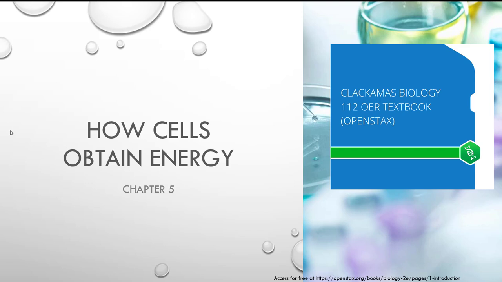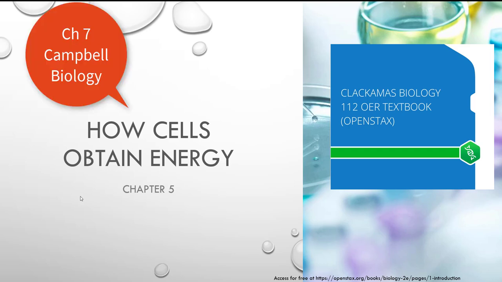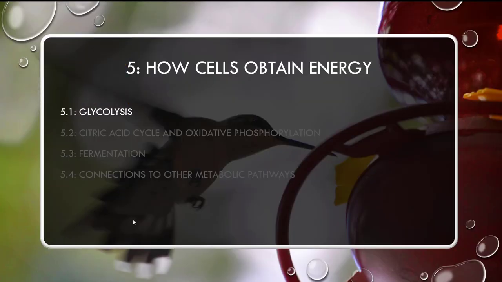So this is chapter 5 in your textbook for the OpenStax. If you are using the Campbell Biology textbook, it would be chapter 7. We have it broken down into four sections. We're going to be talking about cellular respiration, which can be broken down into two segments.